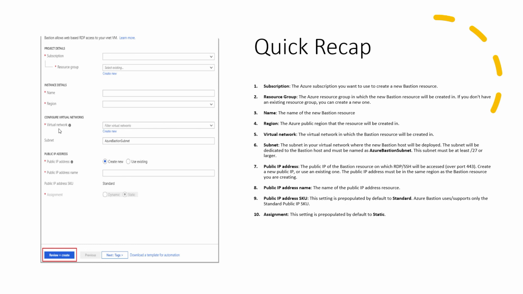Need to create a virtual network, either create a new one or use the same virtual network on which you have the virtual machines which need to be connected over the Bastion host. Subnet name must be AzureBastionSubnet, and it needs to have an address space of /27 or higher. Public IP address, you can create a new one or use the existing one.